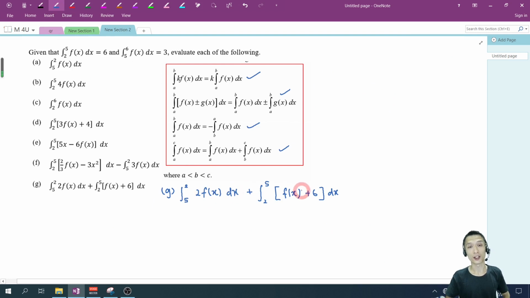Now this is quite long as well. If you want to do it separately, you can do this part first, then solve for this part, then only combine them together. So there's 2, I can bring it out. Here, I'm going to break it into 2 parts.